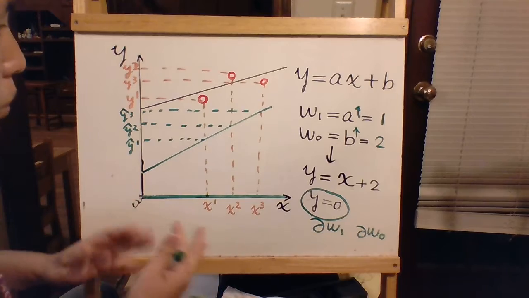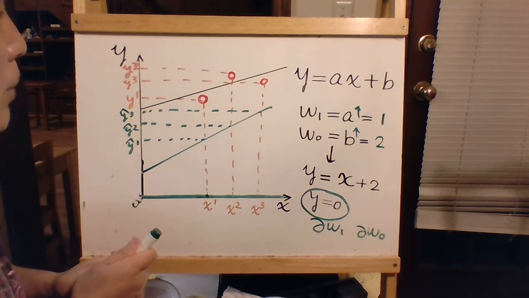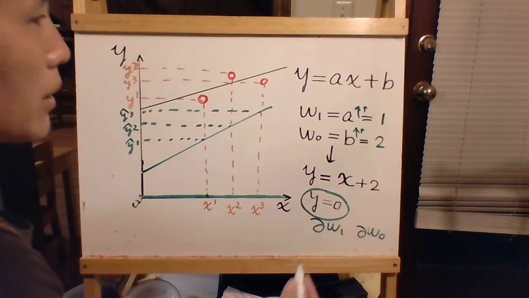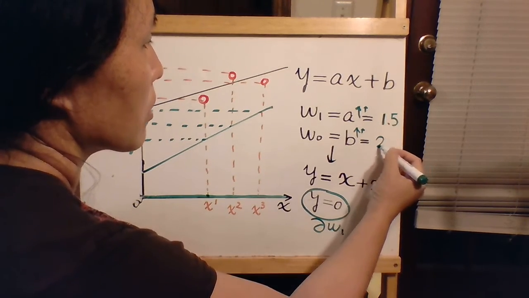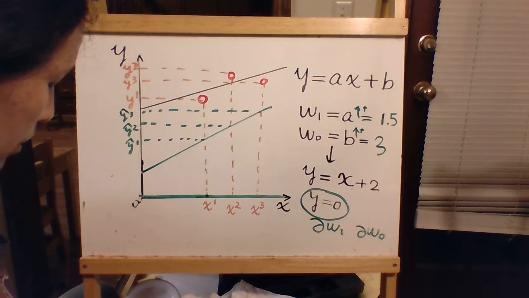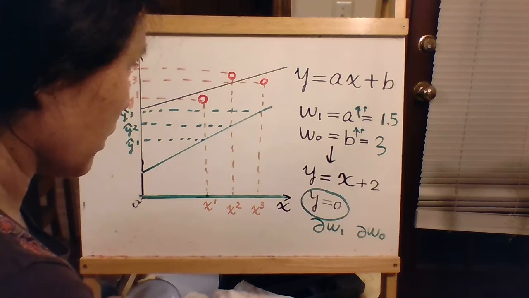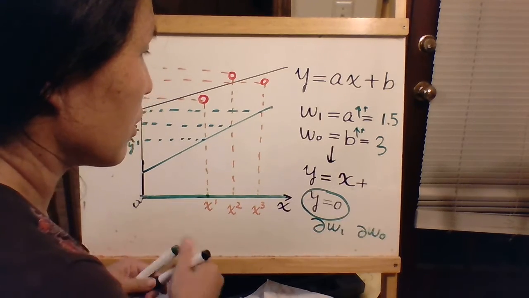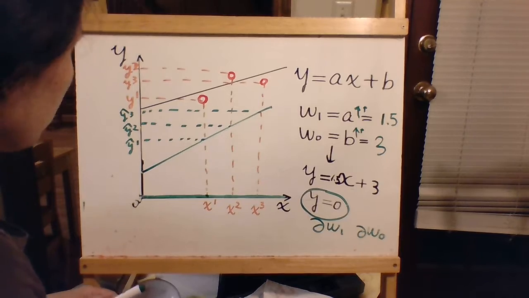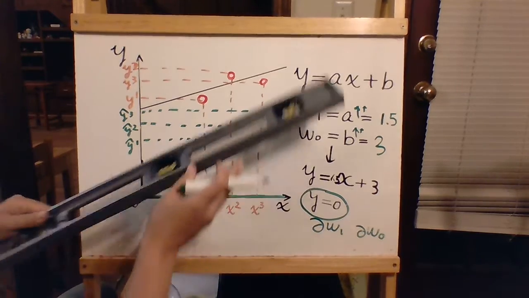So what we're going to do is do this whole process again and maybe increase a and b a little bit, not that much, maybe a is 1.5, and this time b is 3. So the new line becomes like this.